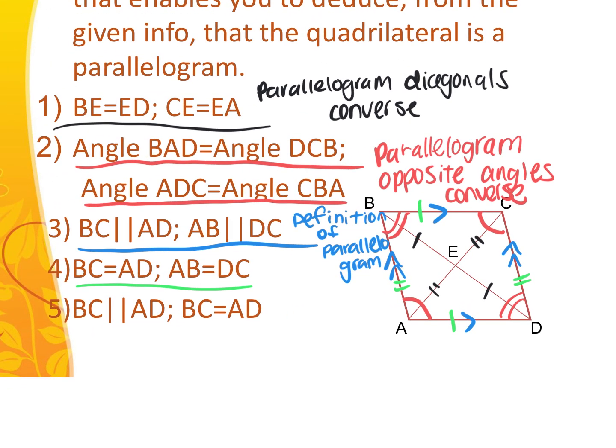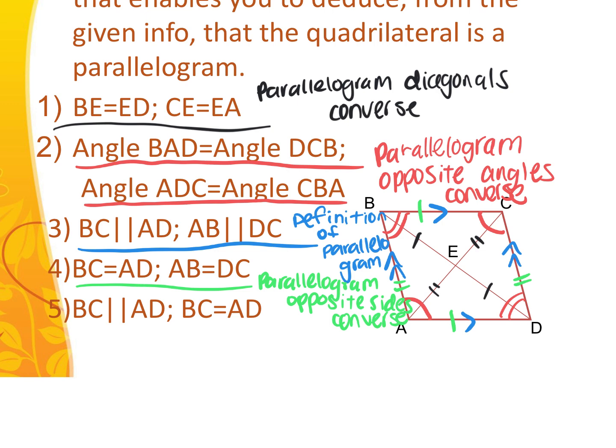Anna? Parallelogram, opposite side property. Very good. Parallelogram opposite sides converse. Okay? Because if I know opposite sides are congruent, then I know that this has to be a parallelogram.